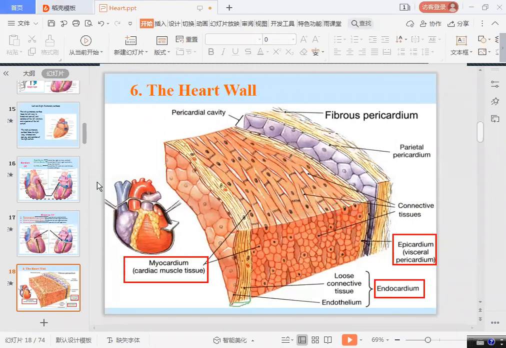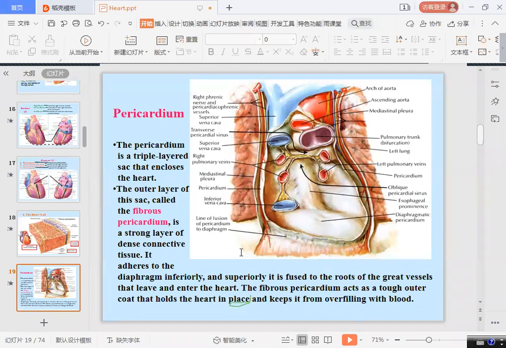First of all, we have the pericardium. What is the pericardium? As I told you, the pericardium is a triple layer. Why do I say triple layer? One layer is the fibrous, and the second is the serous pericardium, and the serous pericardium is divided into parietal and visceral.